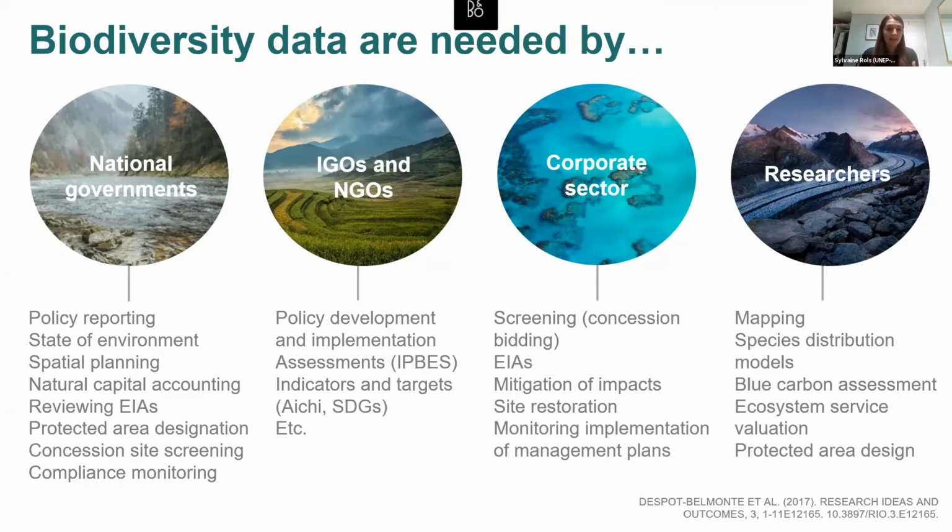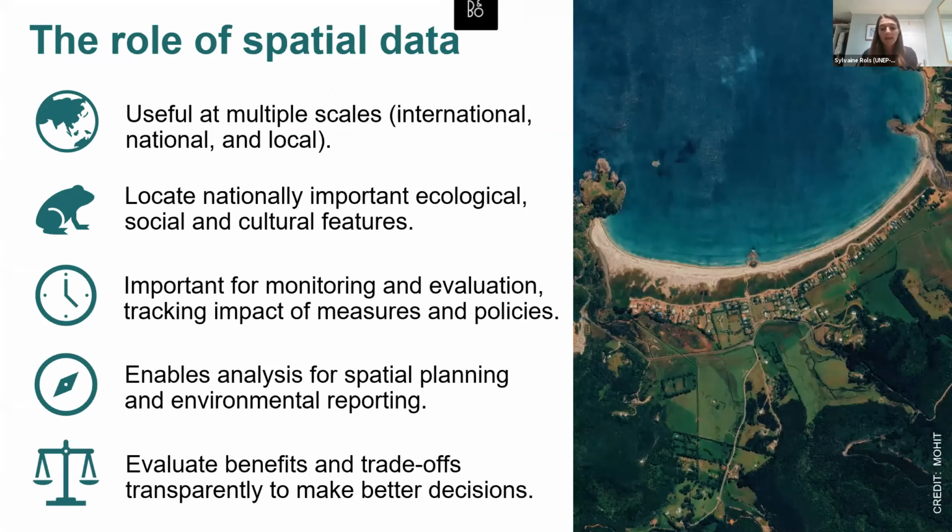Mapping is a critical tool in cross-sectoral or sector-based planning, helping us to spatially define activities a country wants to occur within its national boundaries. And there are often many different competing social, cultural, economic, and ecological priorities that can be difficult to untangle without a spatial overview.